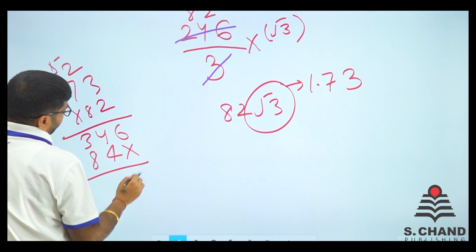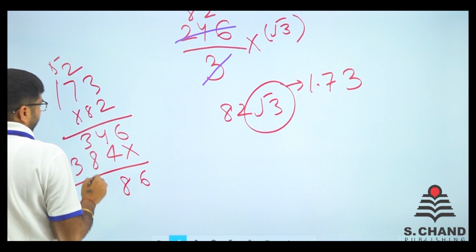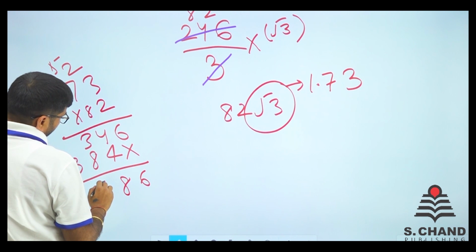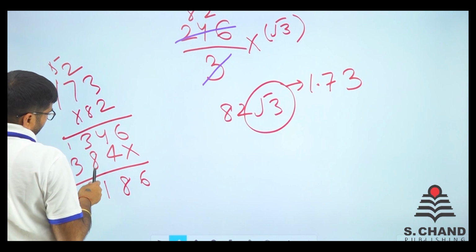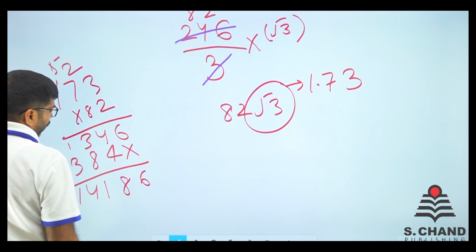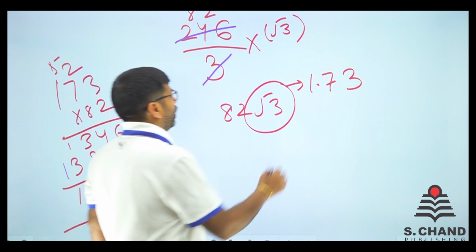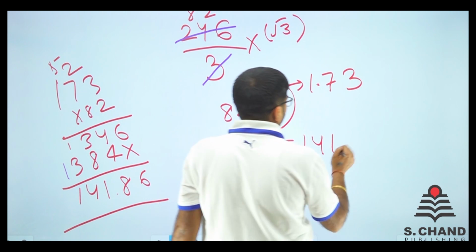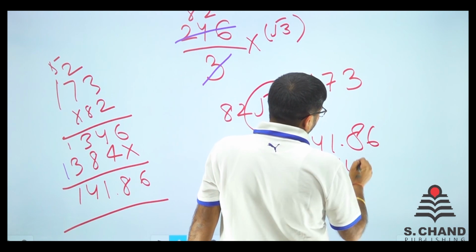So approximately 14186. 141.86 is the thread length. So 141.86 is approximately 142.